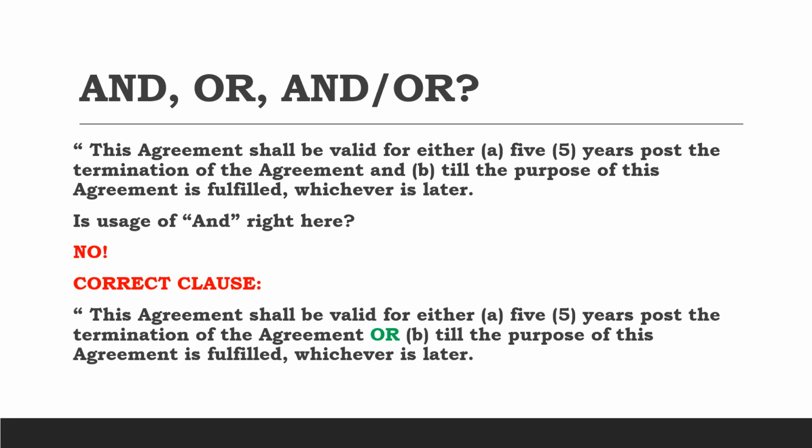So, it should be this agreement shall be valid for either 5 years post the termination of the agreement or till the purpose of this agreement is fulfilled, whichever is later. So, whenever you are in confusion between using and or or, you should always focus on which clause is giving you an option and which clause is giving you a cumulative intent.